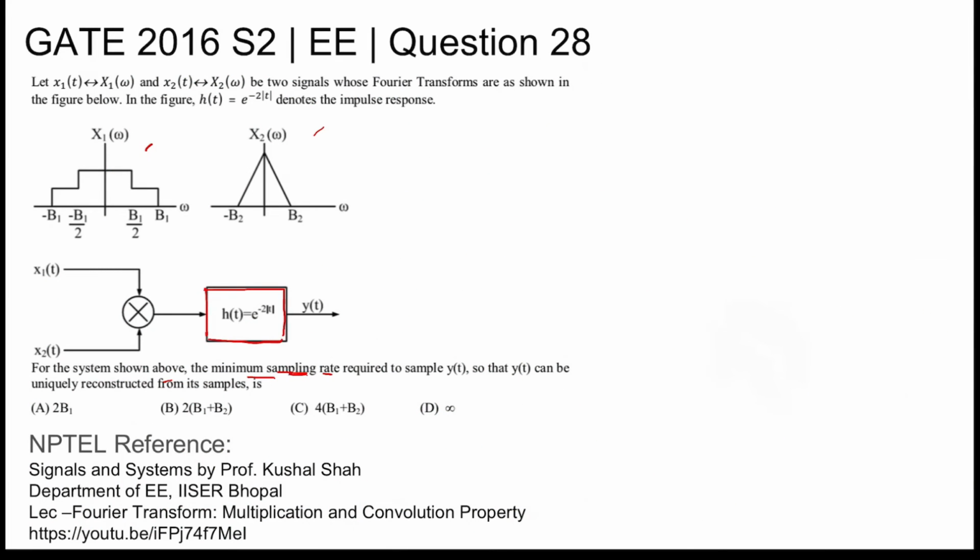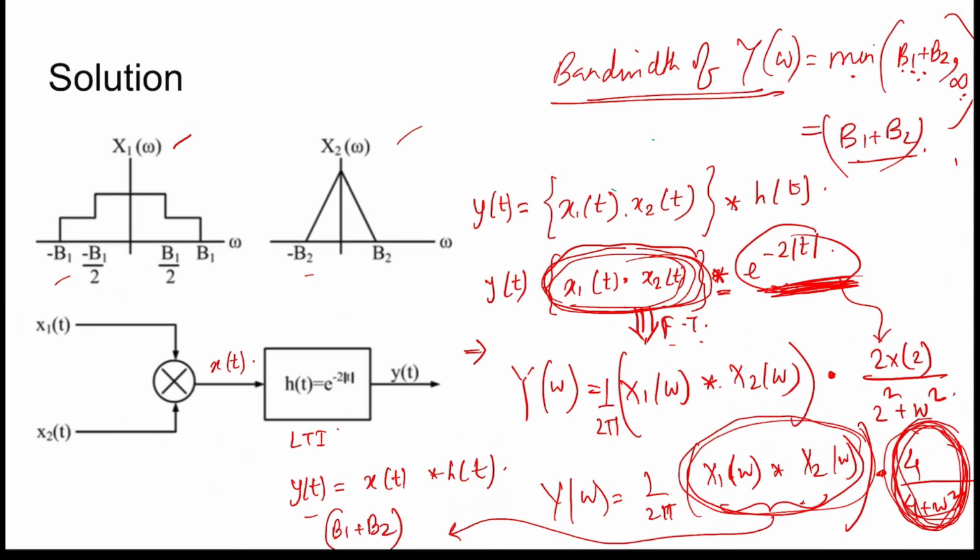Now it is asking the minimum sampling rate required to sample y(t) such that y(t) can be reconstructed from its samples. The bandwidth of y(t) is B1 plus B2. As per the Nyquist criteria, the sampling frequency should be 2 times the maximum frequency of the signal.